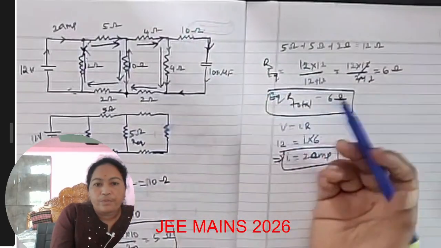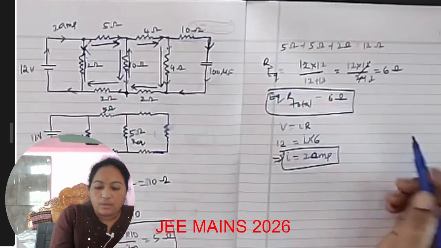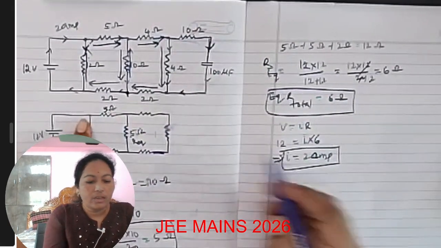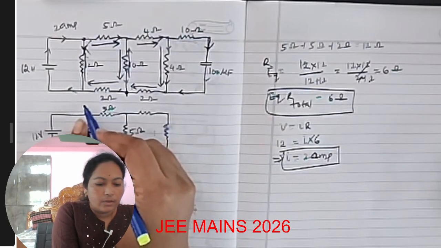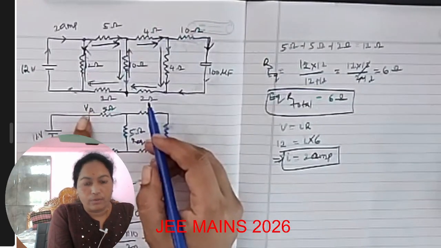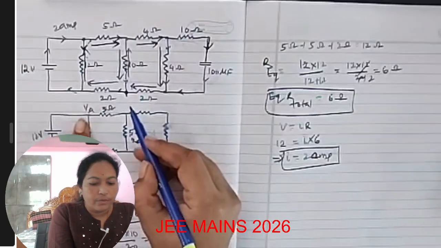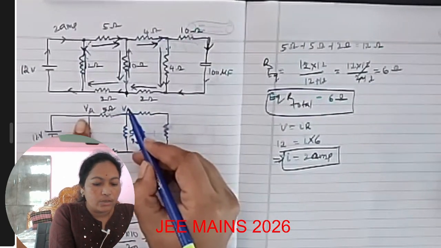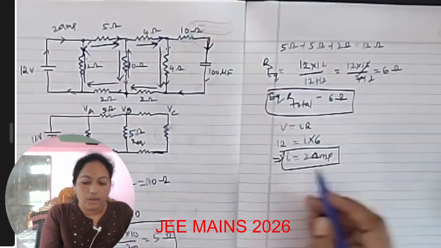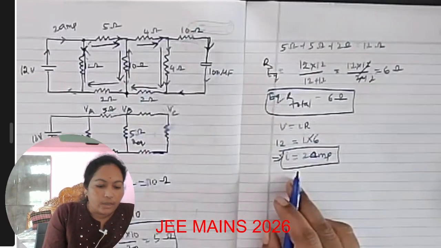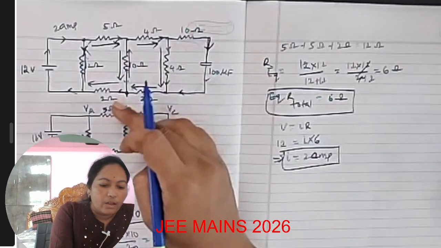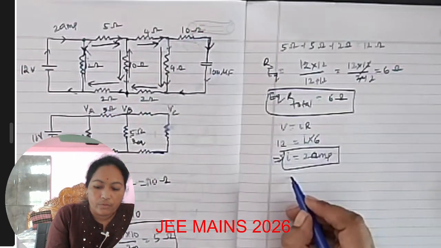So it divides into two equal parts. Let us call the nodes VA, VB, and VC, the voltage drops at points A, B, and C. The flow of the current divides into two equal parts at this point, and it will be 1 ampere.